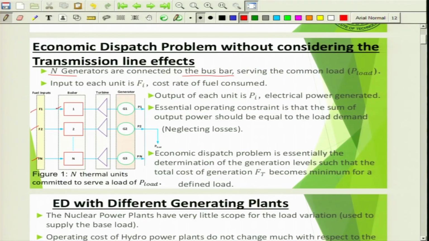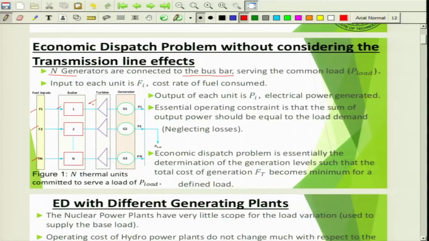The fuel input is in terms of chemical energy, and the output is heat energy, which can be transformed into mechanical energy when applied to turbines. These turbines are connected to their respective generators, and the generator output is electrical. So the conversion is from chemical to heat, from heat to mechanical, and from mechanical to electrical. This is how a typical thermal power plant energy conversion takes place, from one form of energy to another.